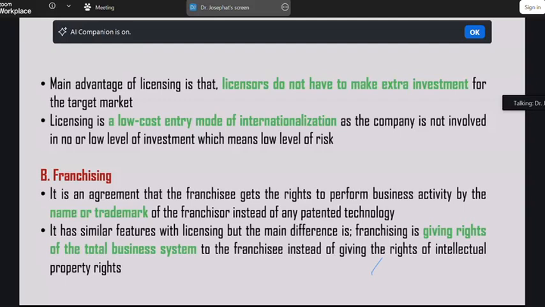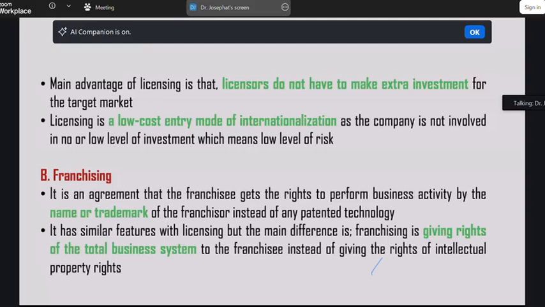Kwenye franchising, hapa you give the right of the total business systems. They have to adhere to the parent company. Kwamba kila kitu anachokifanya lazima kiadhere na process or the quality of the parent company. Hatakiwi kubadilisha chochote. Tunaangalia kampuni kama Coca-Cola.